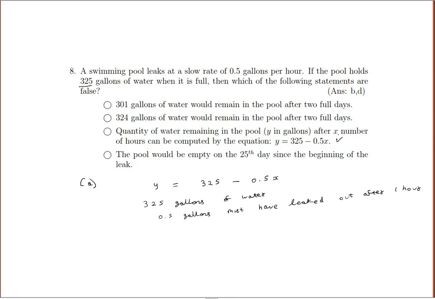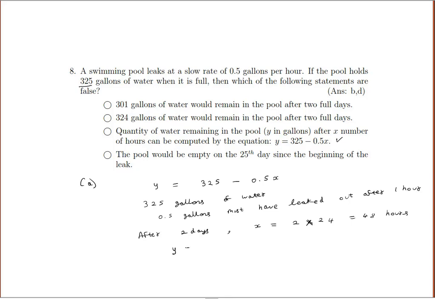And going back to option A, after 2 days, x will be 2 days converted to hours, because we have represented x to be the total number of hours. So it must be 2 into 24, which is 48 hours.